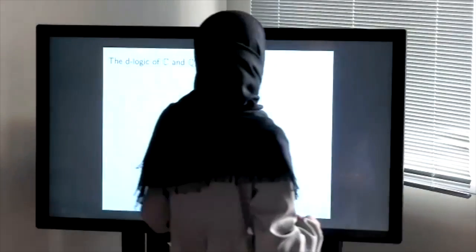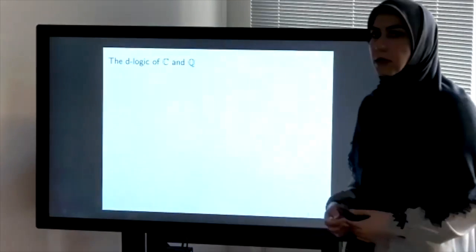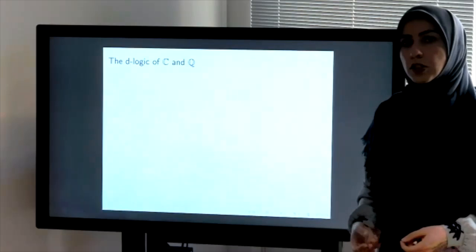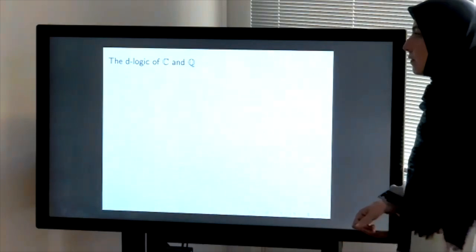For the Cantor set and for the rational line, we have the same logic, but we have another logic for the real line.